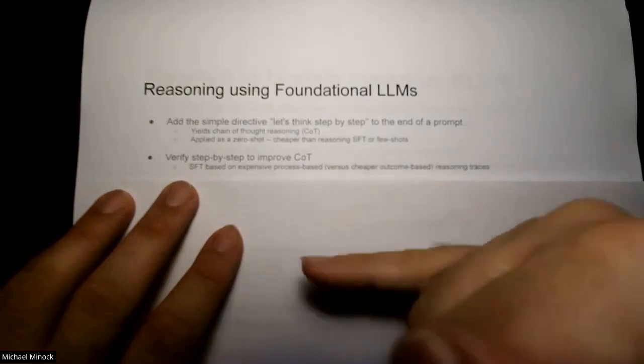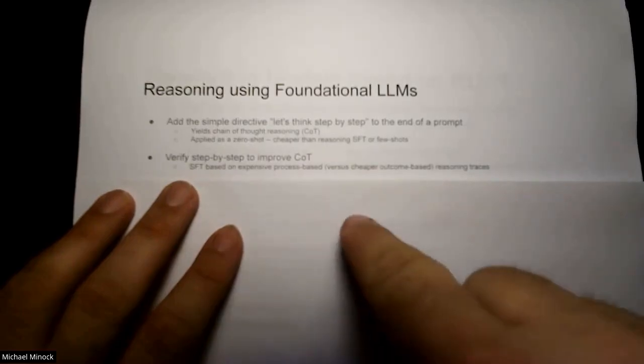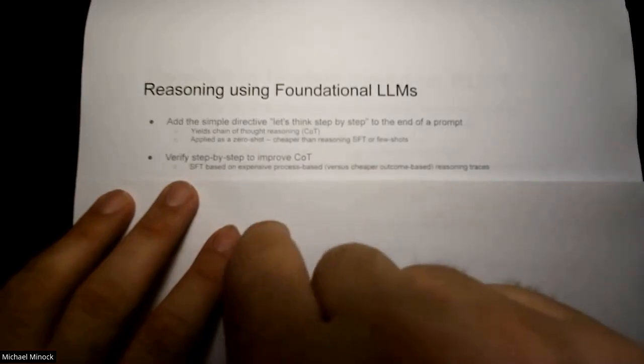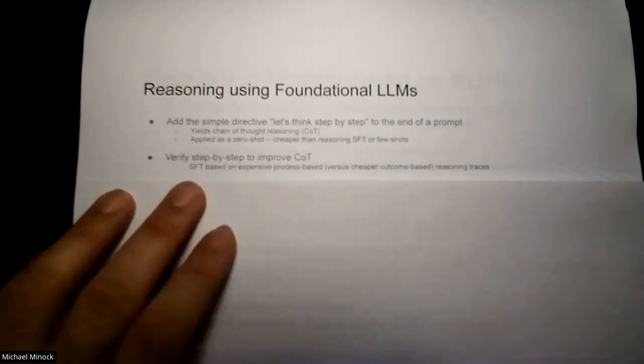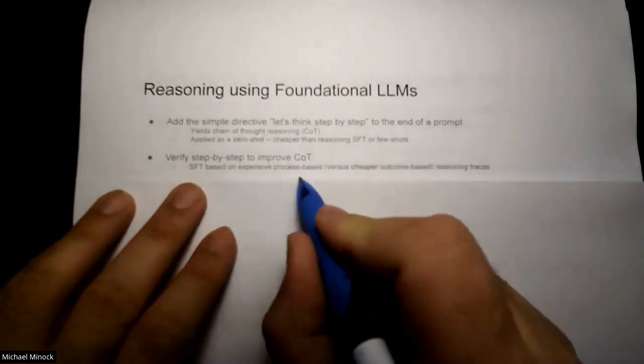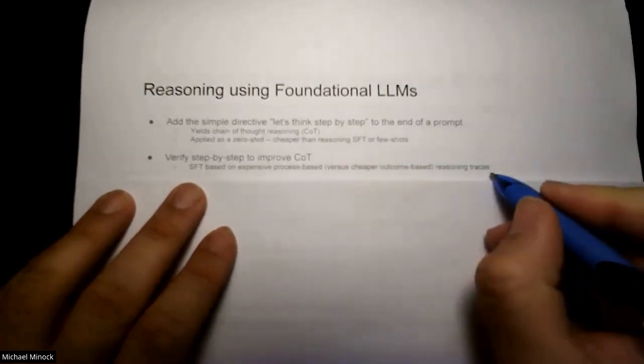It's very expensive to obtain this, but we're going to show how the reasoning actually works, and then we're going to do SFT to make the model observe those kinds of patterns. So we're directly passing in expensive process-based reasoning traces.